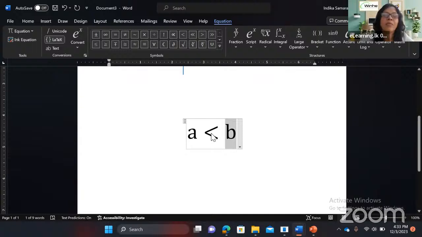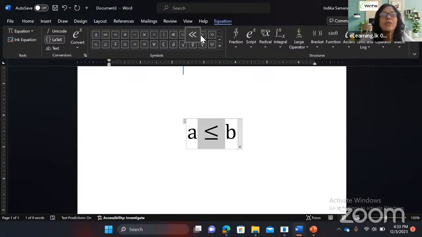If we put the equal sign, that means all the values of A can be equal to B or less than B. That's why we say less than or equal.